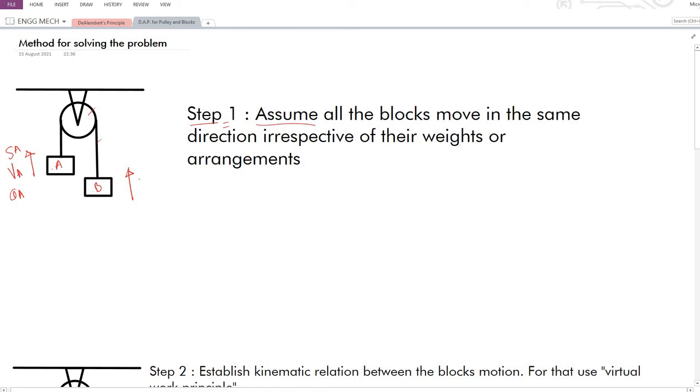Similarly, we have assumed the same direction of motion for block B, thereby displacement, velocity and acceleration of block B will be in the upward direction. Displacement, velocity, acceleration, and we are well aware that D'Alembert principle involves this specific thing, acceleration. Thereby we will be focusing on acceleration of both blocks. Therefore step 1 is complete.